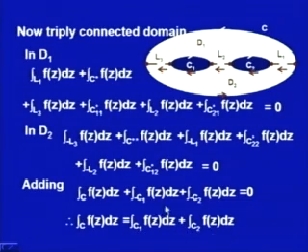In general, in a similar manner we could show that if it is a p-connected domain, then on the complete boundary the integral of an analytic function would be 0. What it says is that the integral along the outer boundary will always be the same as the sum of the integrals along the inner boundaries. This is the extension of the Cauchy integral theorem to multiply connected domains.